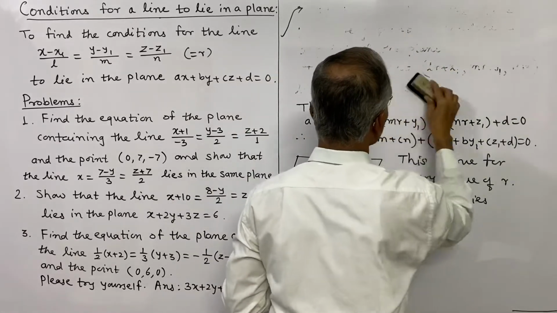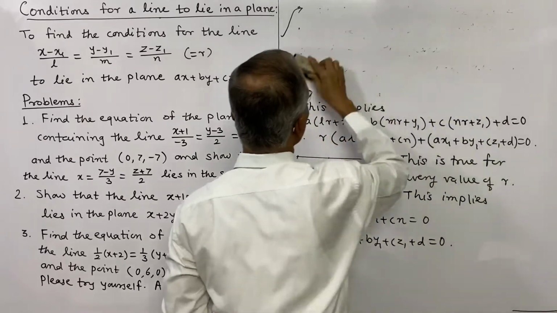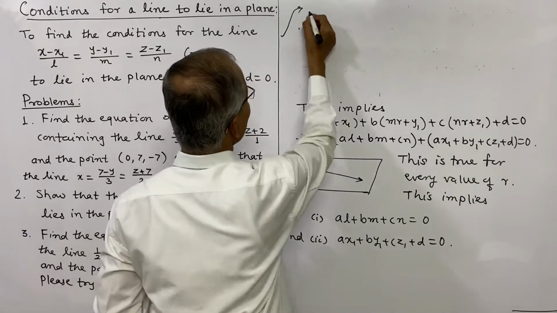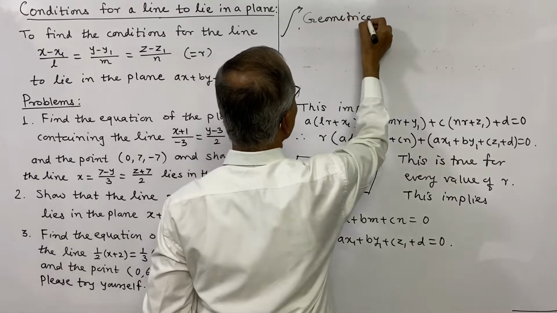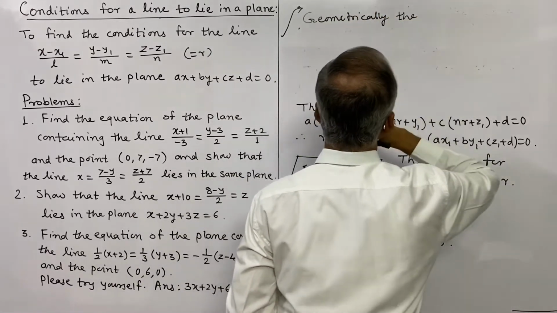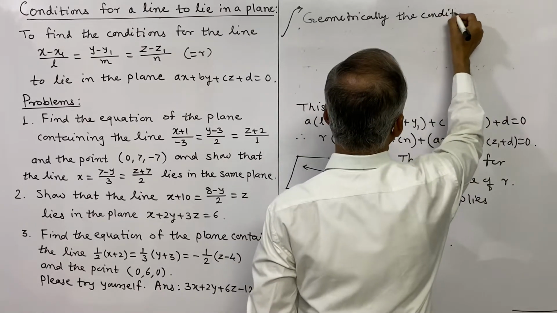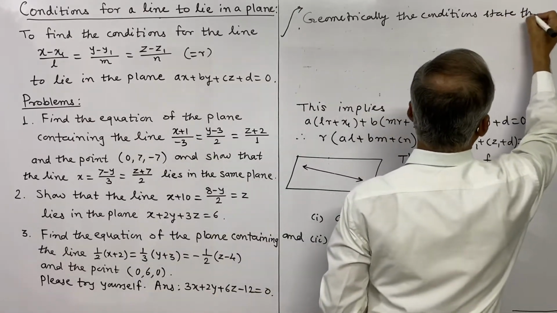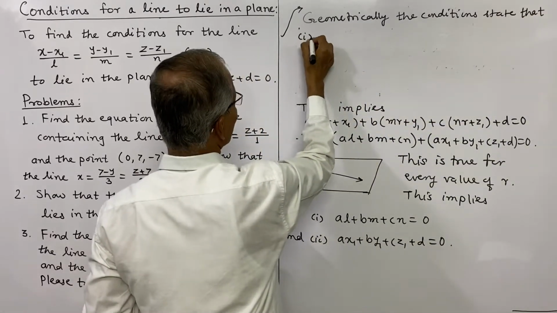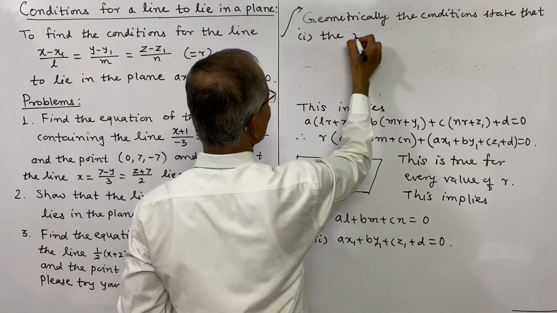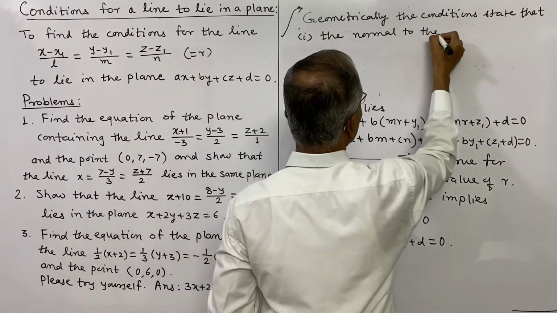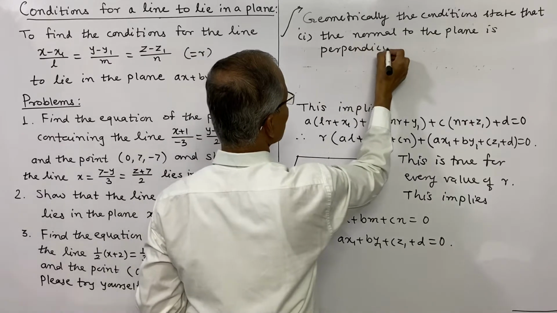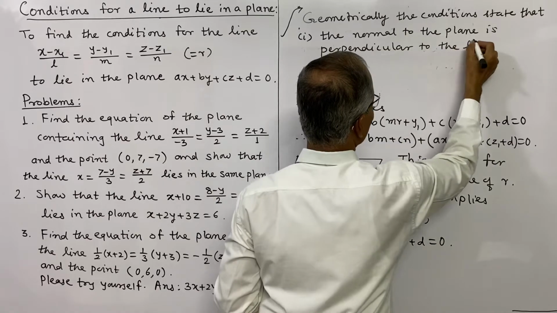Geometrically, the first condition says that the normal to the plane is perpendicular to the line. First, the geometrical meaning of this: the normal to the plane is perpendicular to the line.